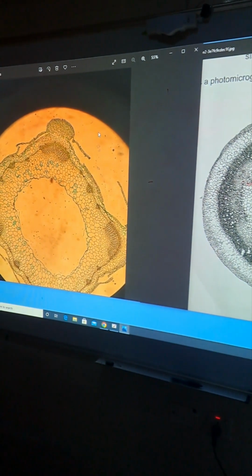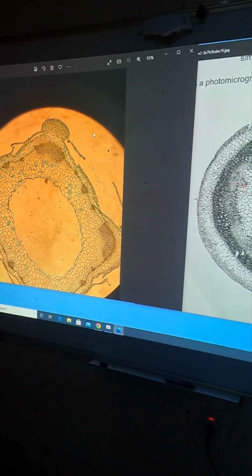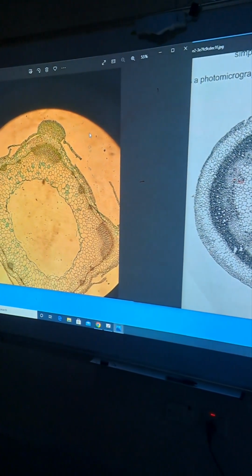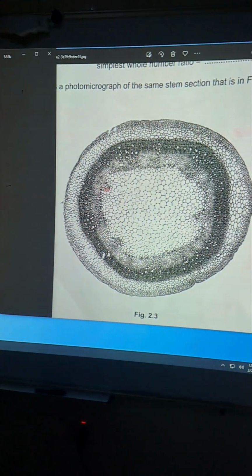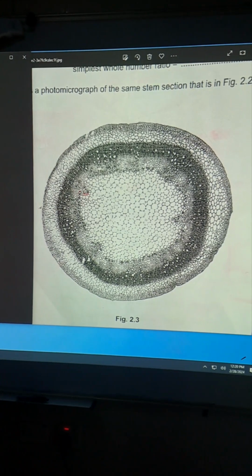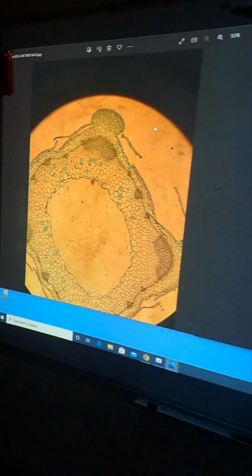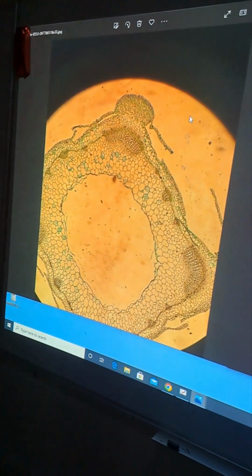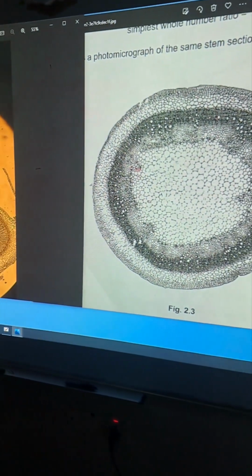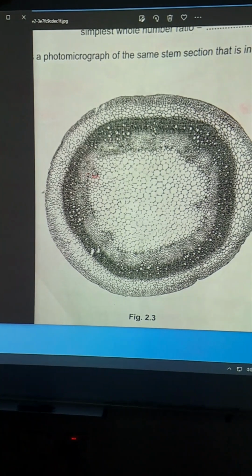The first feature, guys, is the shape of the entire transverse section. If you look carefully, the shape of this figure 2.3 is basically more into circular, while this one is more into square. So if you write down the first feature, it's going to be the shape of the structure.